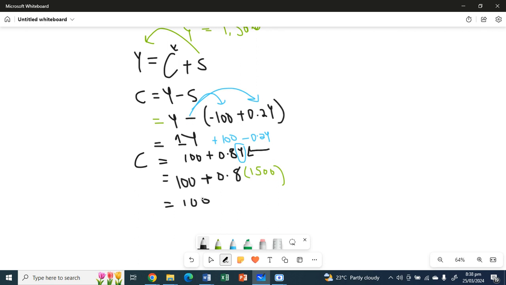So 100 plus 1,200, you're going to get 1,300. And that's the value of the consumption function at equilibrium.